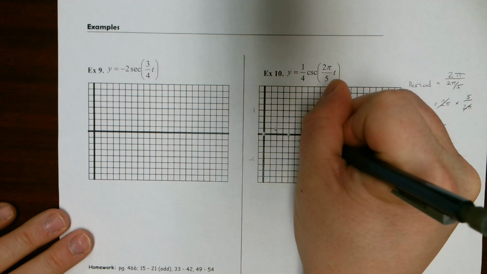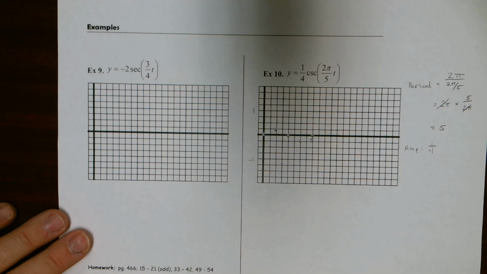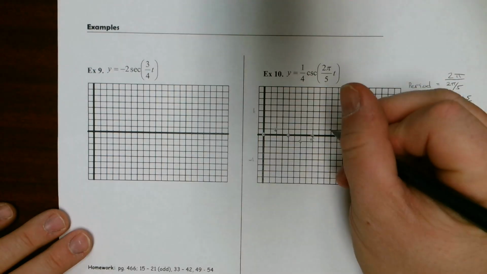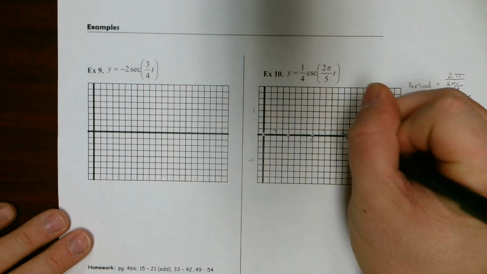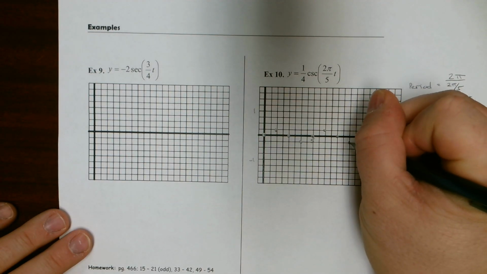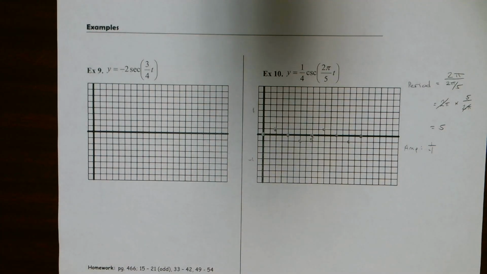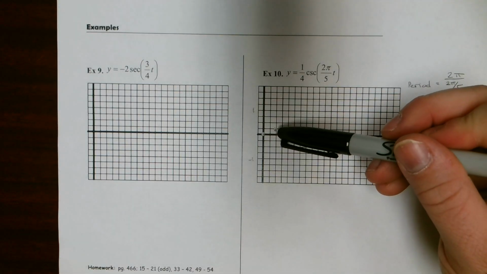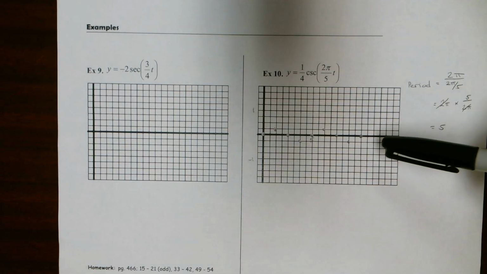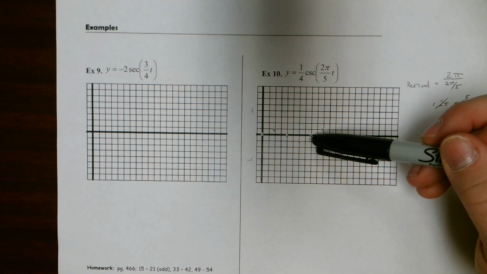And this right here is 5. So we can keep drawing. Let's get in the habit of drawing a couple periods. There we go. Now we can see that we have an amplitude of 1/4. We've got a period of 5.